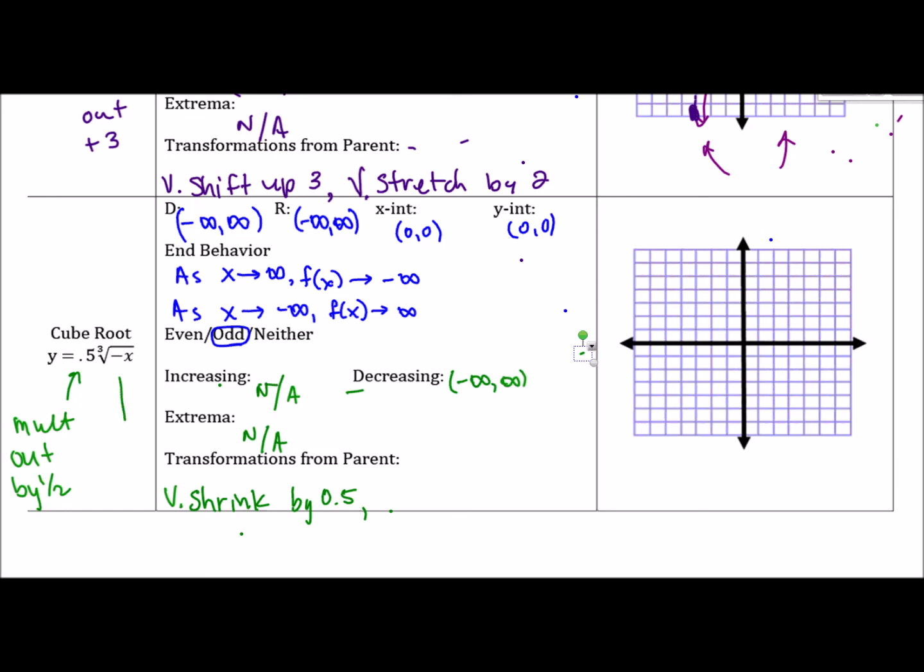And we've got this negative, and it's on the inside now. Trying to change signs, which means it is a reflection. Because it's inside, it's horizontal, which is moving left and right. So this one would be over the y-axis. Okay.